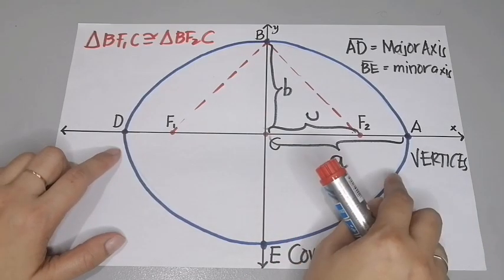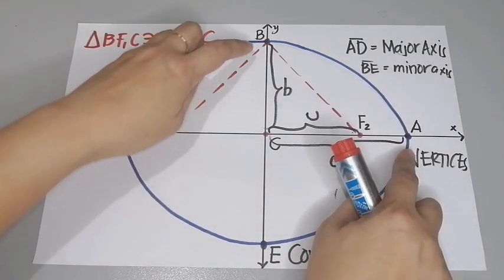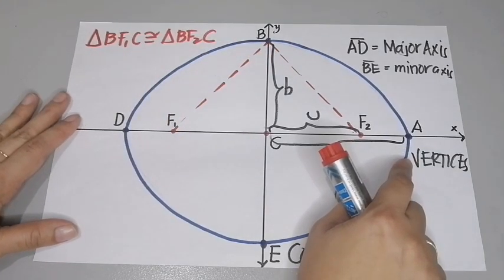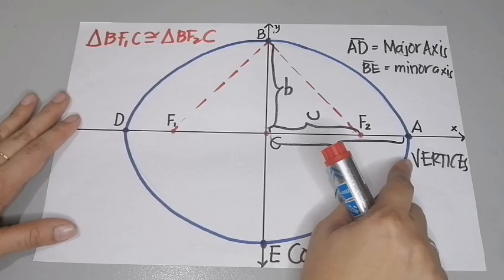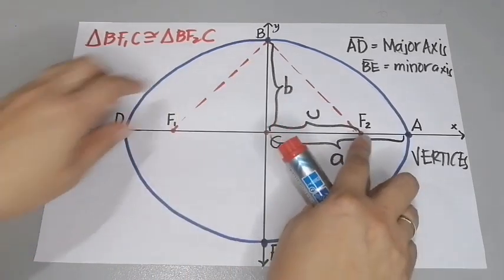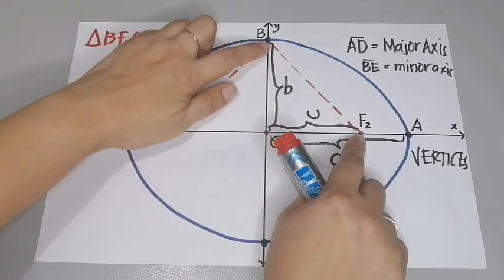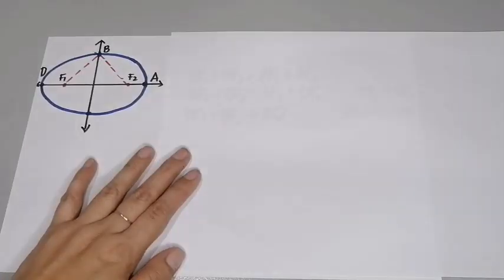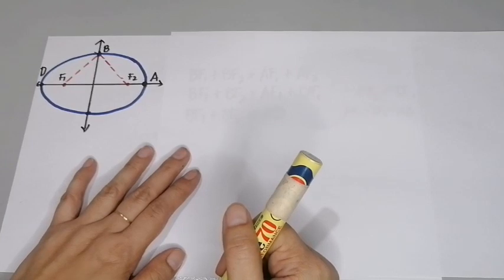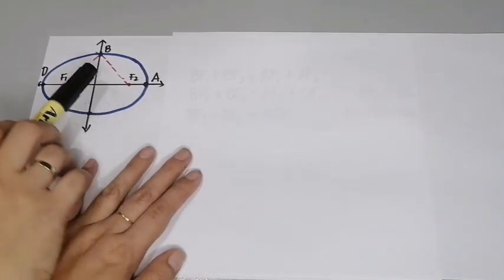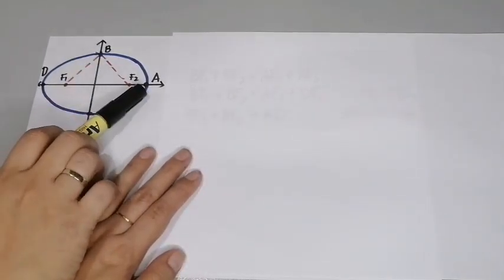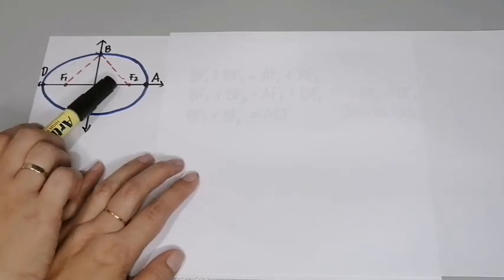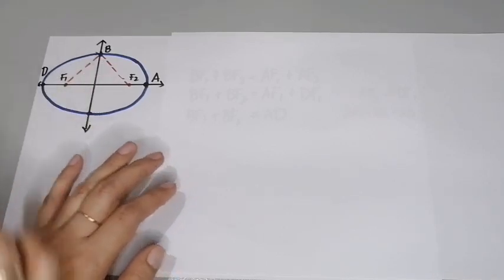Since B and A are 2 points on the ellipse, we can use the definition of an ellipse to find the length of line segment BF sub 2.